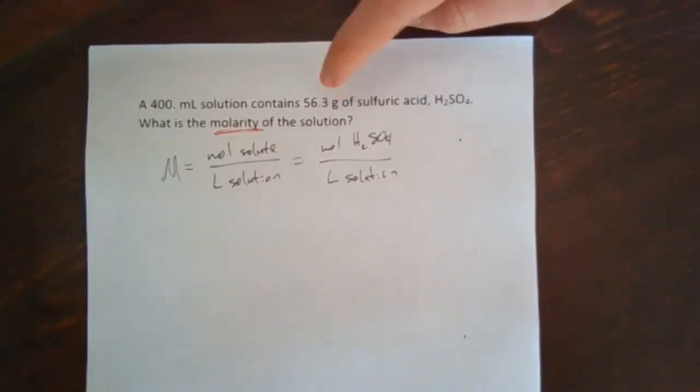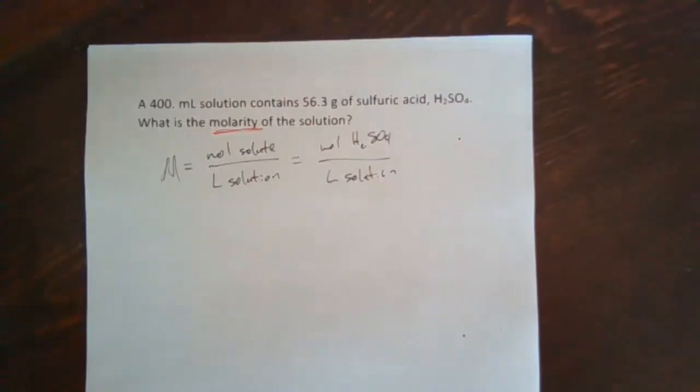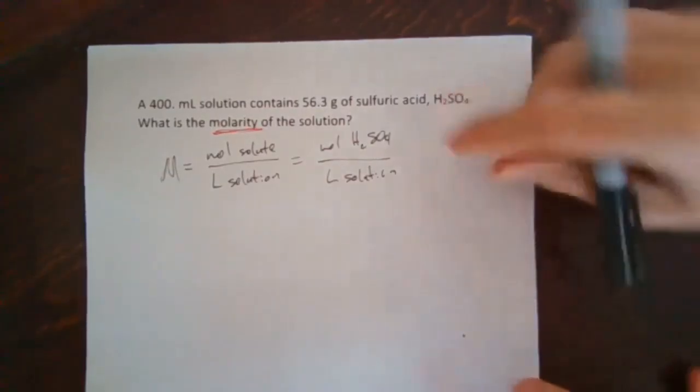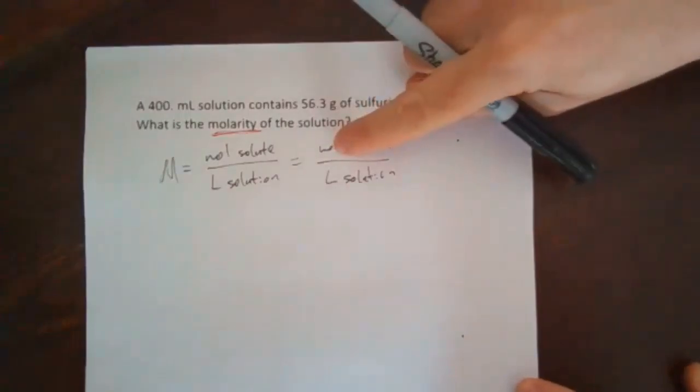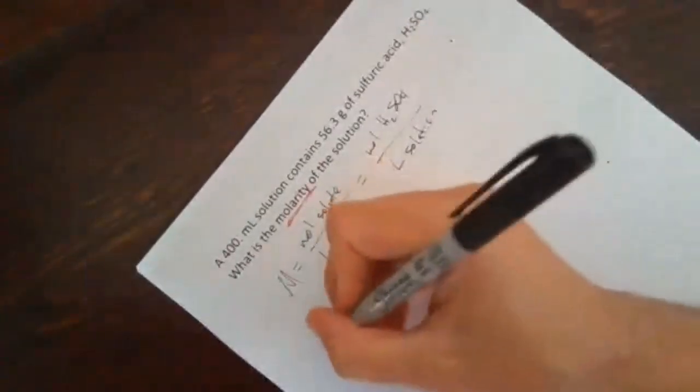So it's very common to have grams for the solute and milliliters for the volume. So when you're computing molarity of a solution that you've made, you almost always need to do a conversion step beforehand, taking the grams into moles and the milliliters into liters. So we'll go ahead and do that metric conversion first.